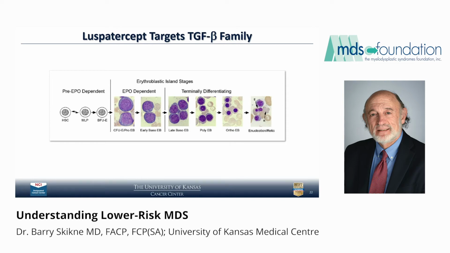And this is the stage where Reblozyl has its efficacy, in the very late stages of differentiation to a red cell. So it works at a different stage of red cell production in the bone marrow from erythropoietin.